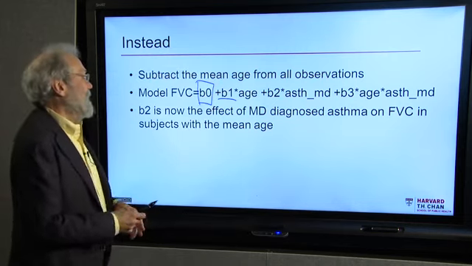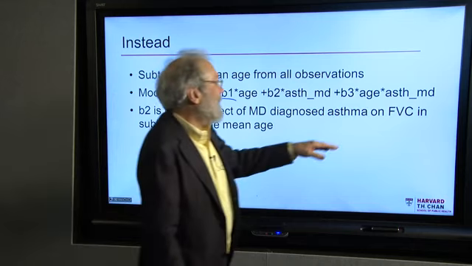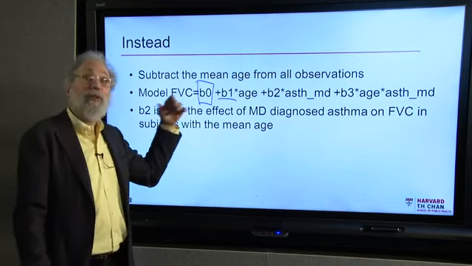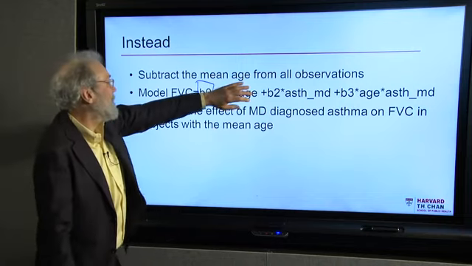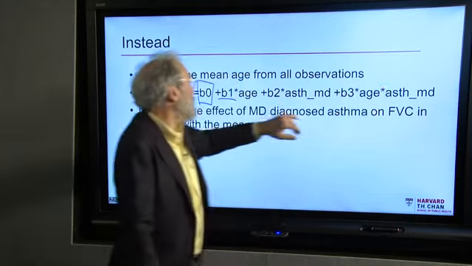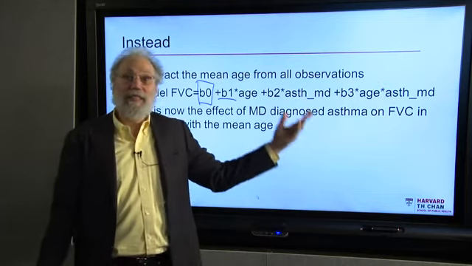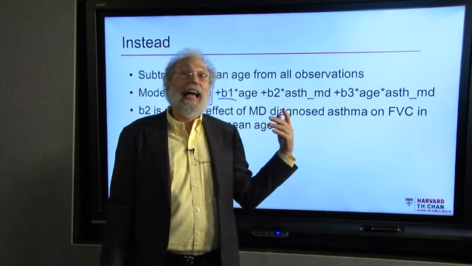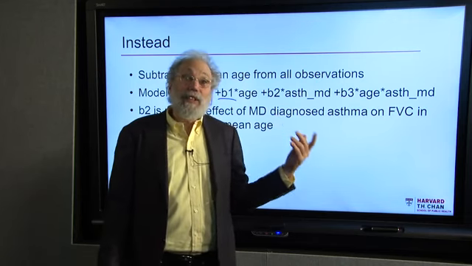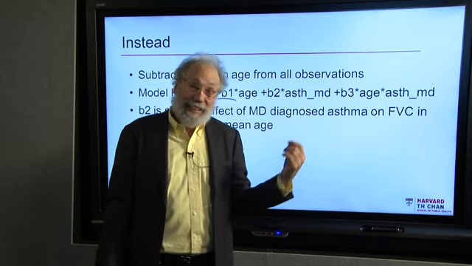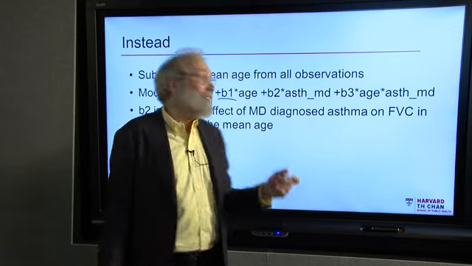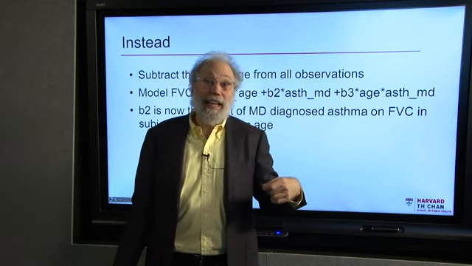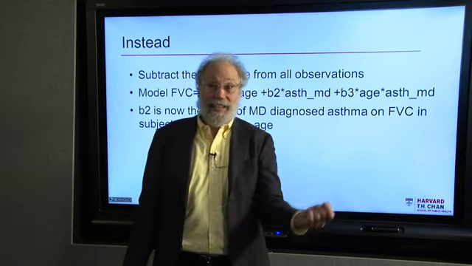Now, what happens if I look at age equals 0 with centered age? So that goes away, and that goes away, and I get B2 times whether or not you have physician-diagnosed asthma, and that is now interpretable as the increment or decrement compared to B0 in lung function for being an asthmatic at the average age.